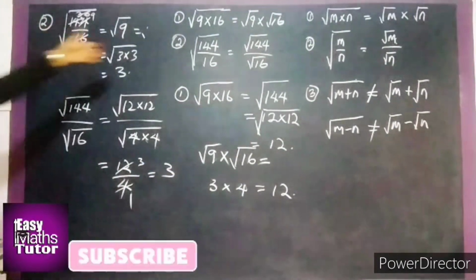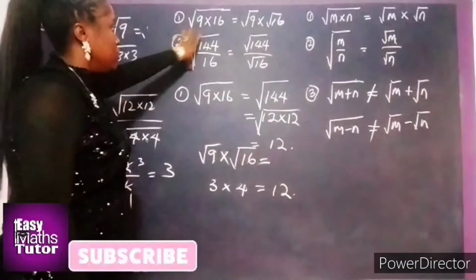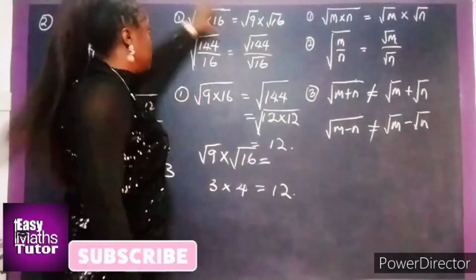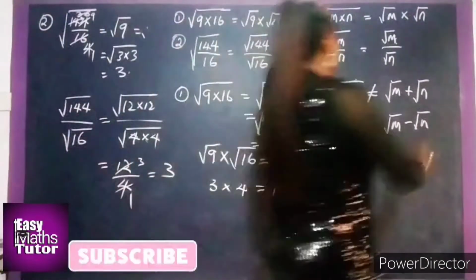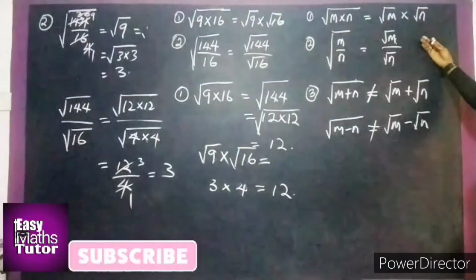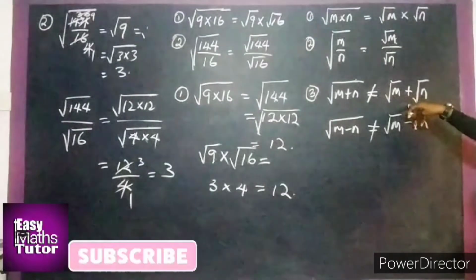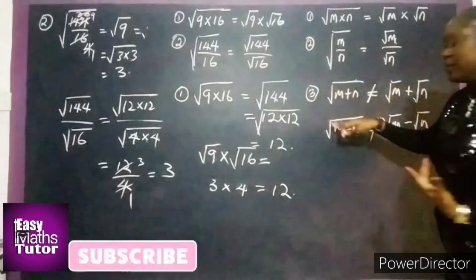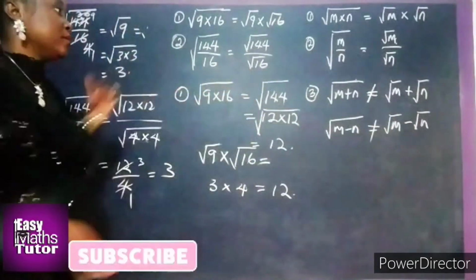That means that this scenario is equal to this scenario. This situation is equal to this situation, proving that these rules are correct. So if we substitute the same numbers here, we cannot get this. Therefore, do not try to add up surds in this way.